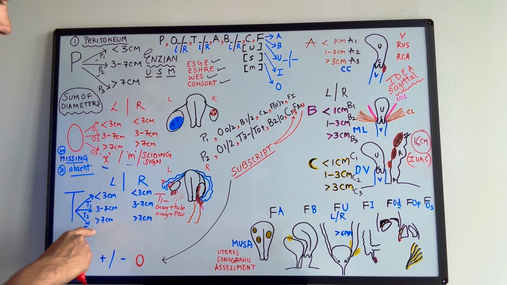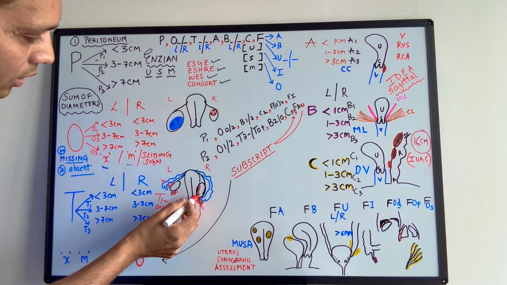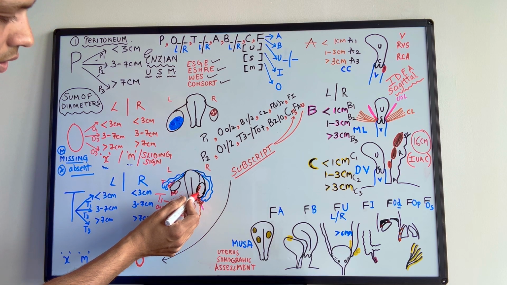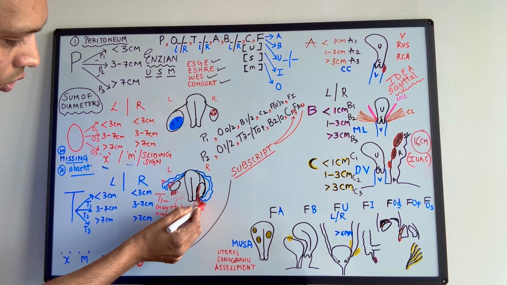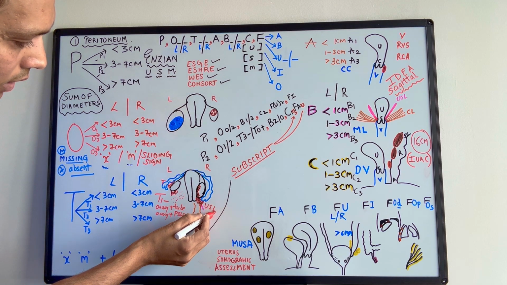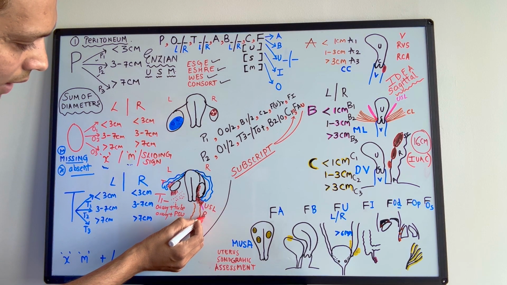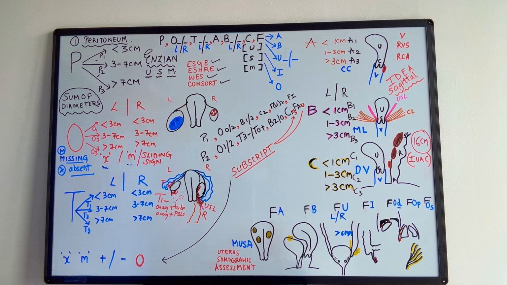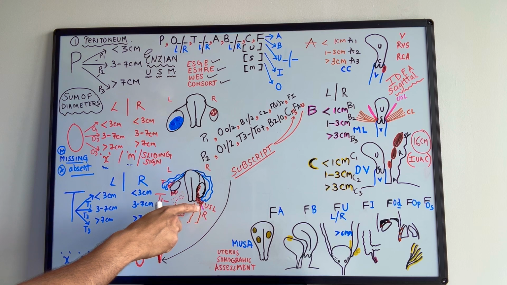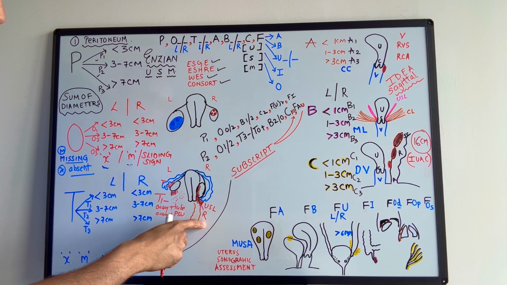If you take T3, that means the ovary is attached to the uterus, it's also attached to the tube, and it is attached to the USL and rectum. So USL stands for uterosacral ligament. So T3 means it's a tubo-ovarian lesion involving the uterosacral ligament and rectum.